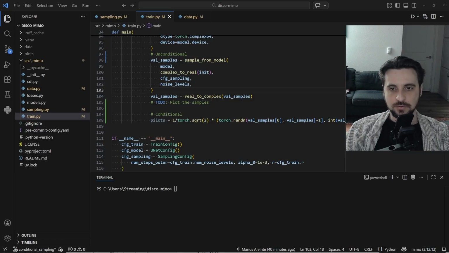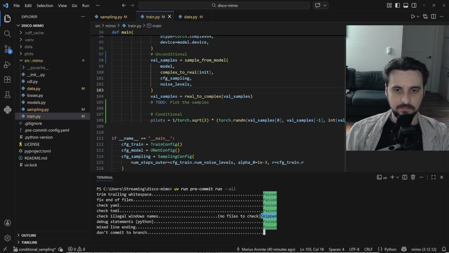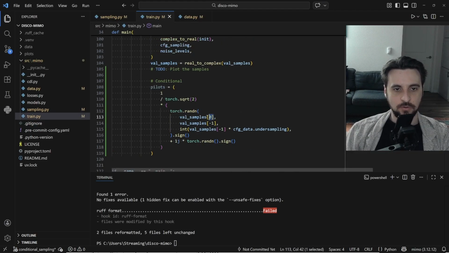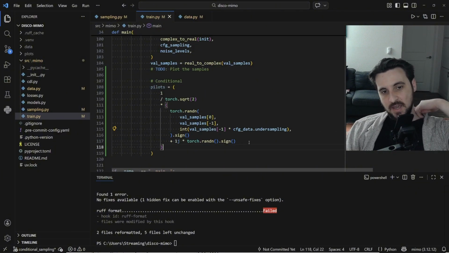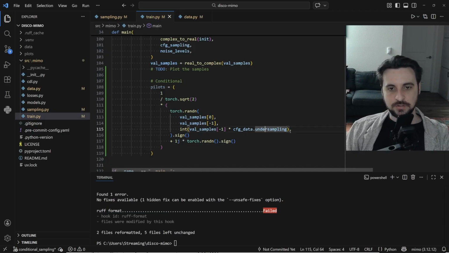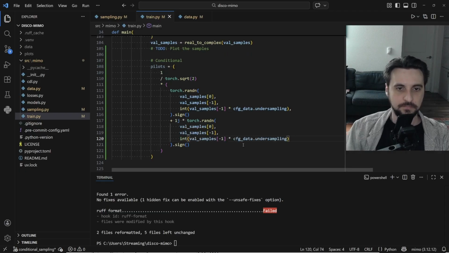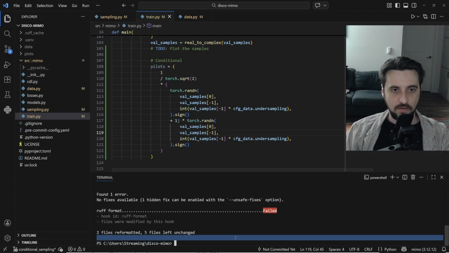It's better to use the fixed number when we know we have it, and then just only multiply down, not up. Okay, so then it'll be, because I know this is always 0, this is always -1, and then the third dimension of the pilot is the one that changes, and it's -1 times data undersampling, and it's the same for the imaginary part. Okay, and I think that's it.